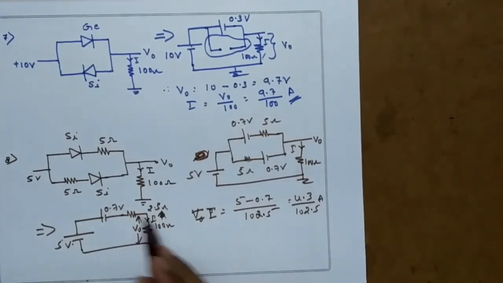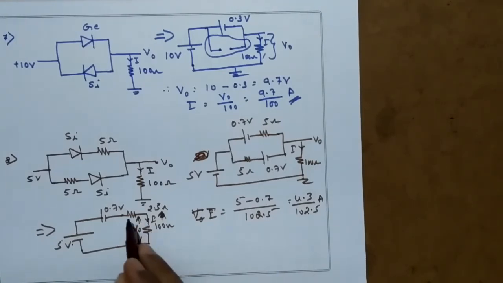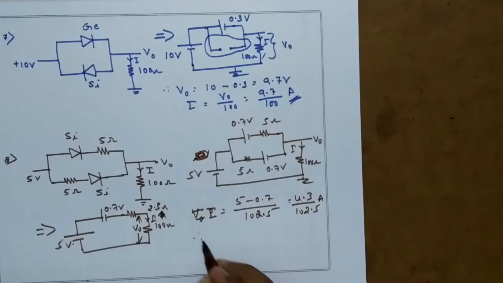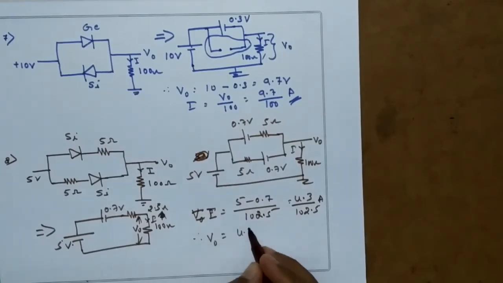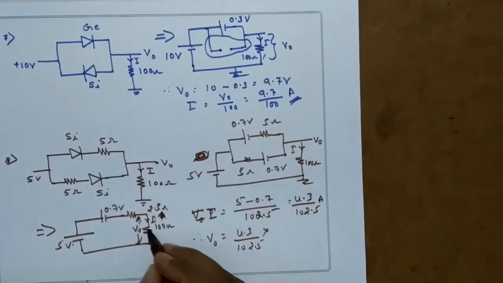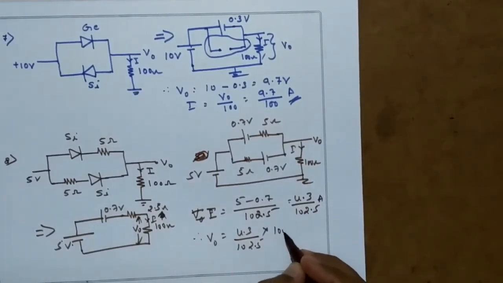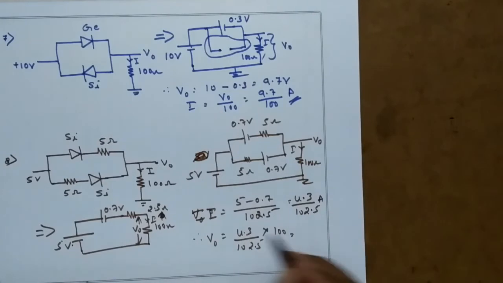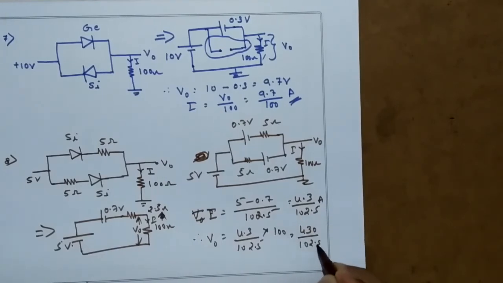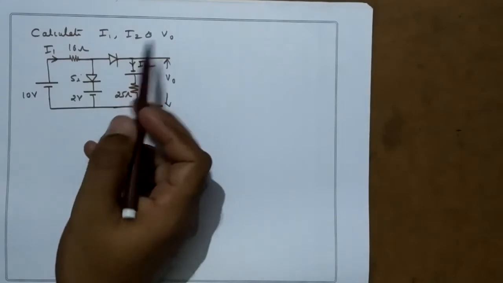So once you calculate I, the same current flows through both the 2.5 and 100 ohm resistor. Therefore V0 is equal to 4.3 divided by 102.5 into R, now 100 ohm. So this is equal to 430 divided by 102.5 volt.